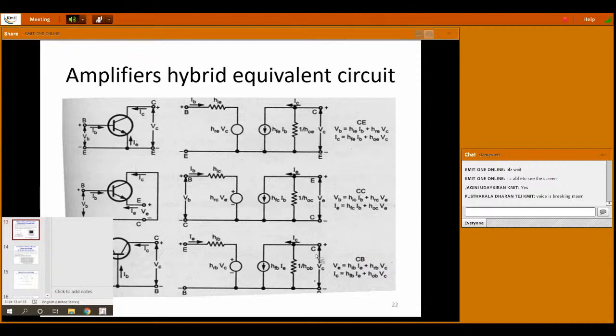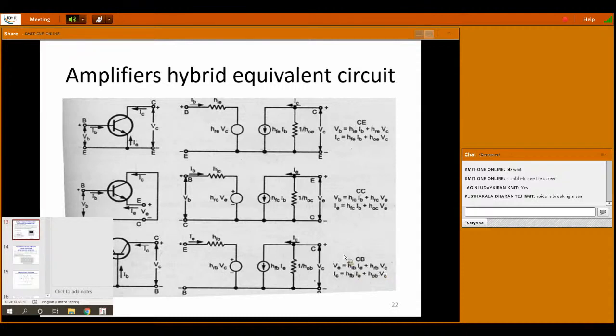In common base configuration, the emitter is the input and the collector is the output terminal. Hence the independent variables are input current and output voltage. So input current is IE and output voltage is VC.